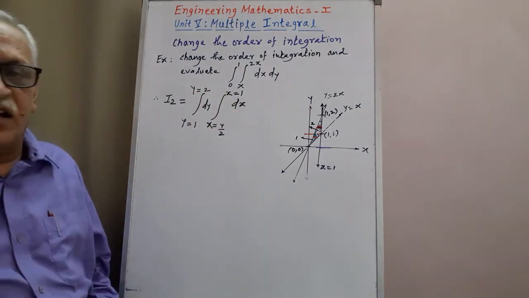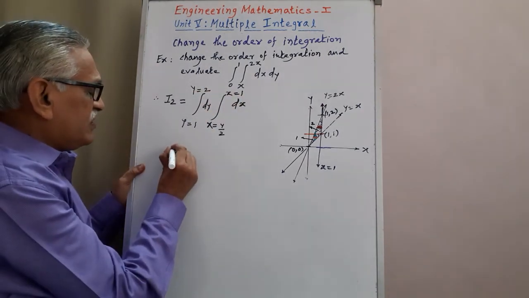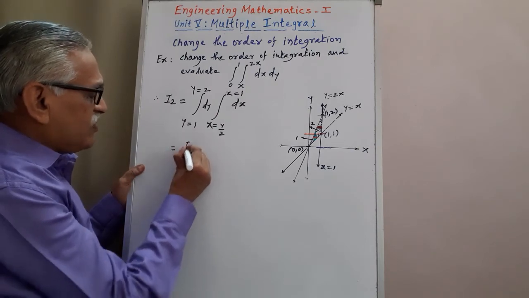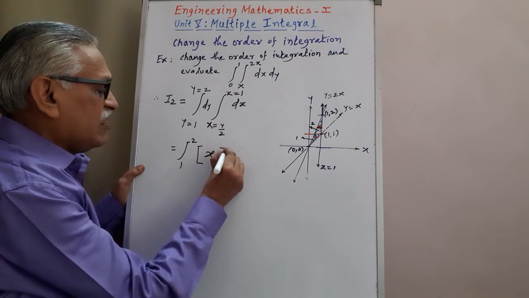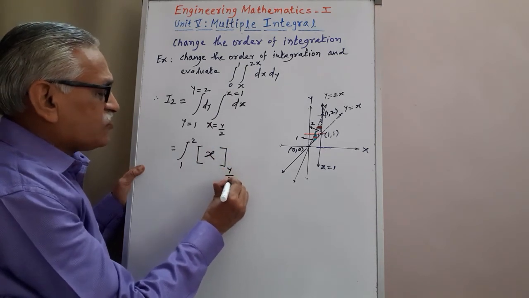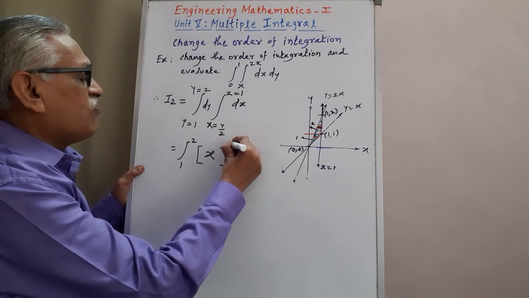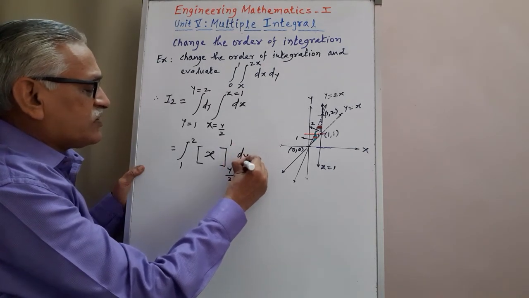We get the limits, and then performing as per that limit, integral from 1 to 2 as it is. Integration of dx is x, limits from y by 2 to 1, and then its integration with respect to y.